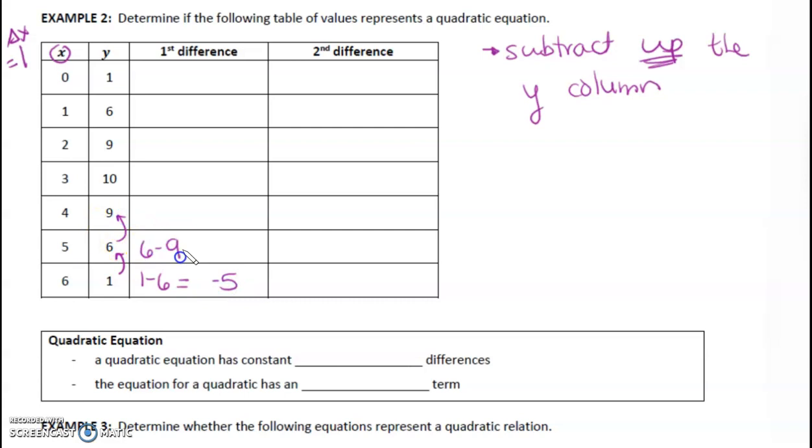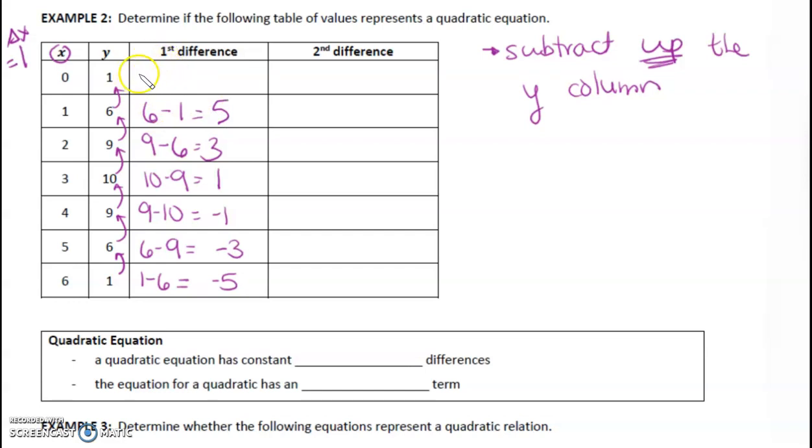We have 6 minus 9, and we get -3. 9 minus 10, we get -1. 10 minus 9, we get 1. 9 minus 6, we get 3. And 6 minus 1, we get 5.